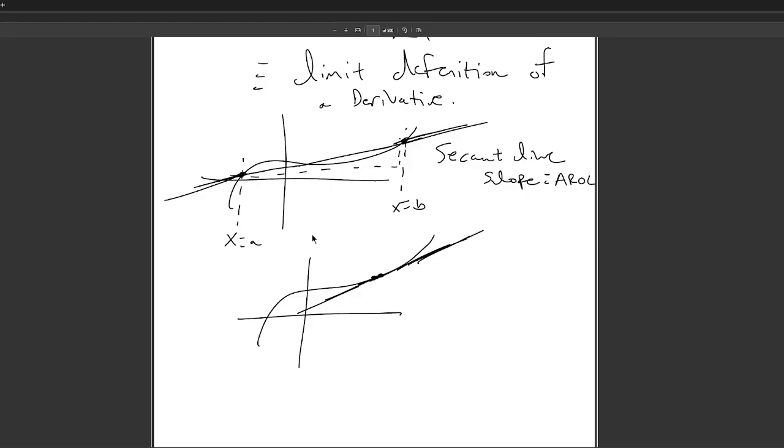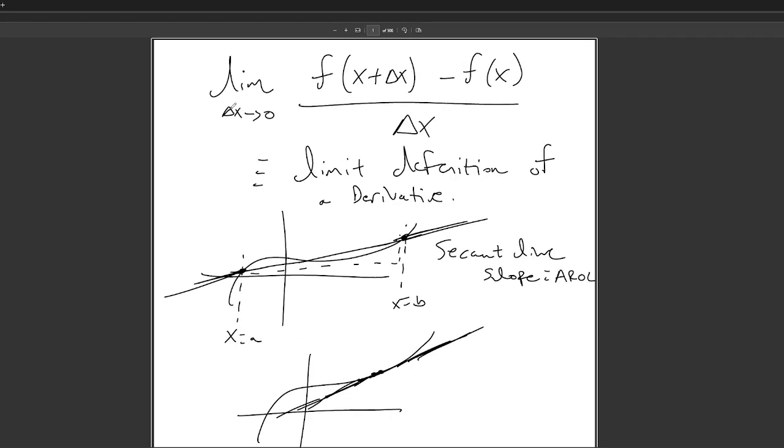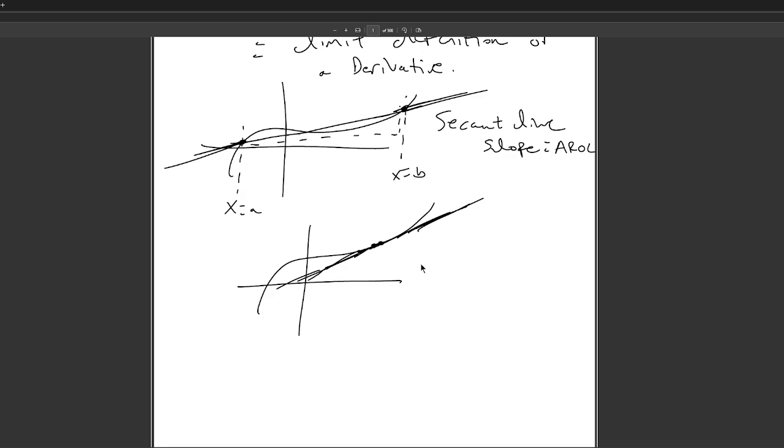Since the points are infinitesimally close, you're taking the limit as that delta x between the 2 points approaches zero, so you're effectively at the same point. So this is the way we define the instantaneous rate of change.